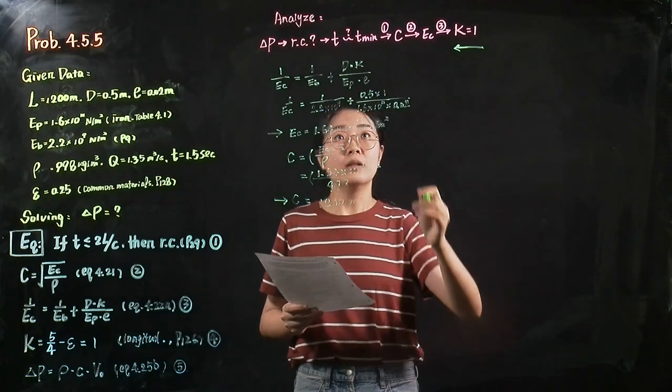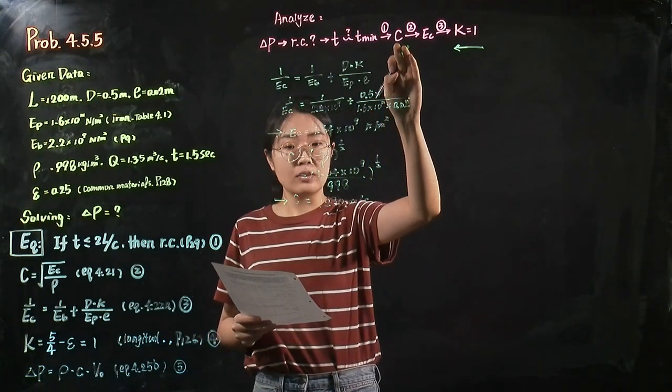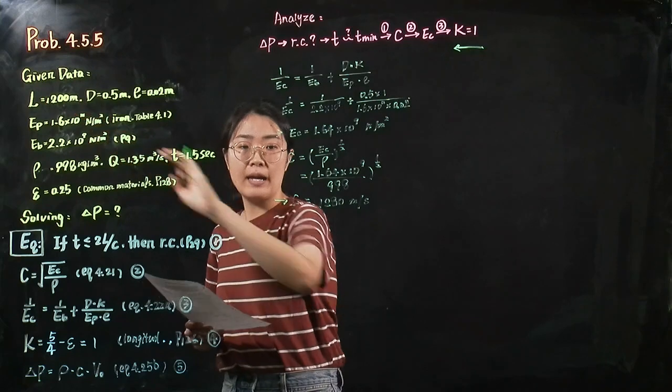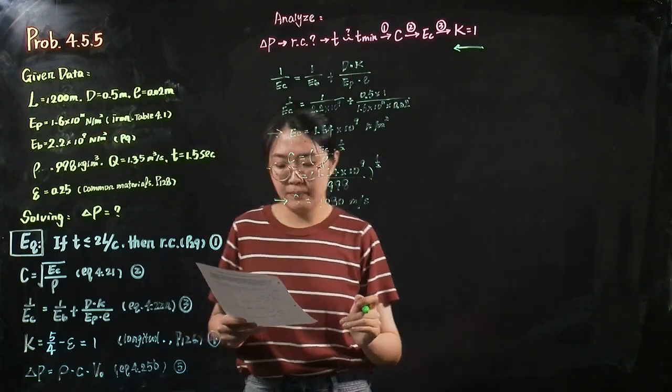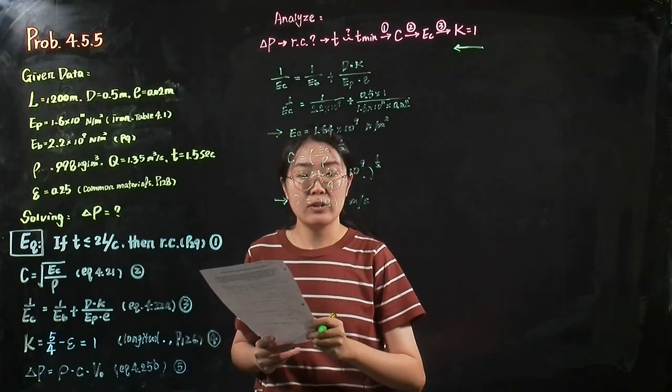After that, we can use the length and celerity to calculate the minimum time to prevent the rapid closure.